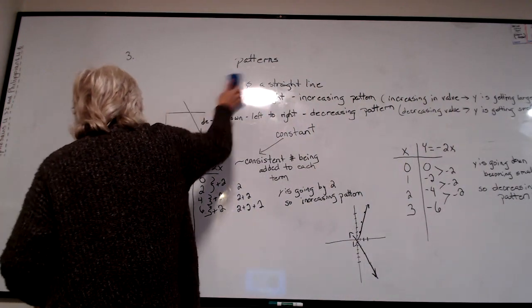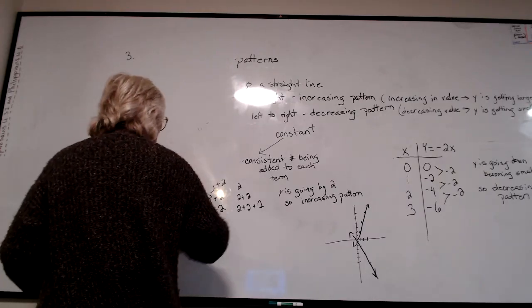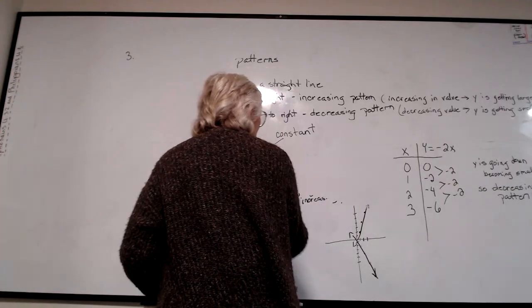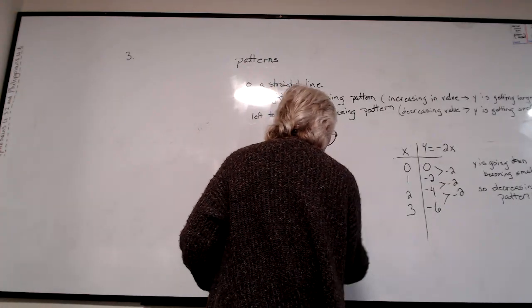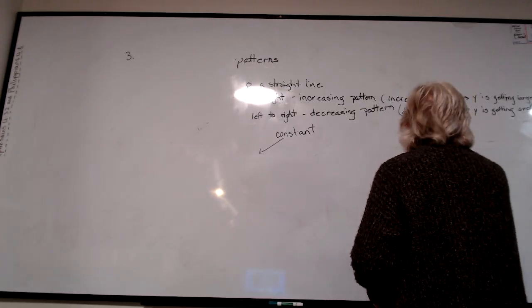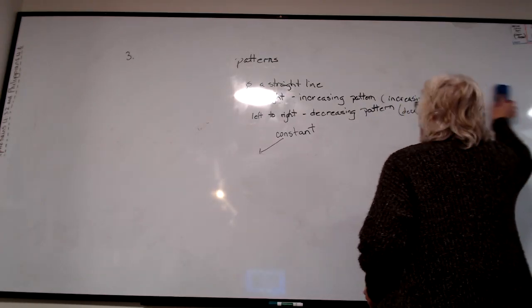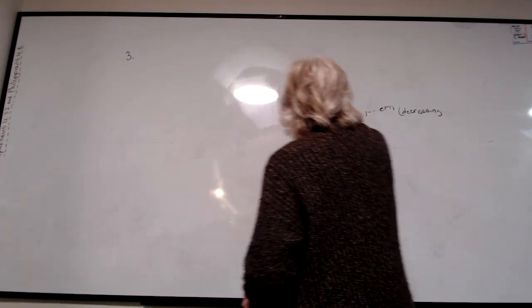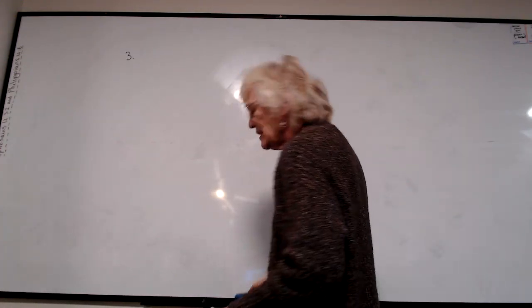3.2 is probably not my favorite section, but we're going to kind of do it. It's one of those things that I'm going to let you use Desmos on because I think it's much easier than you trying to figure it out the other way.